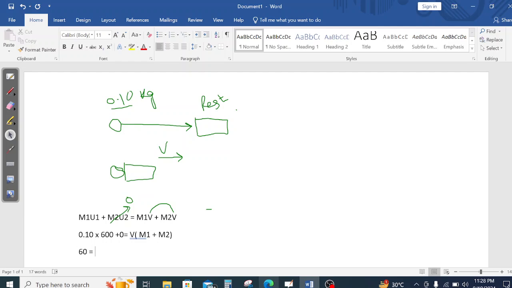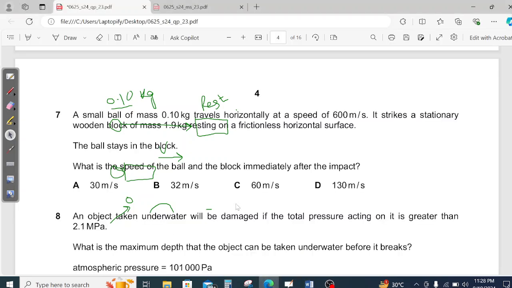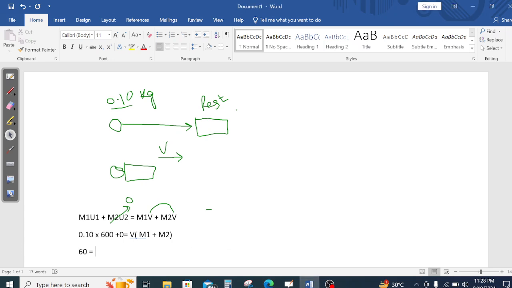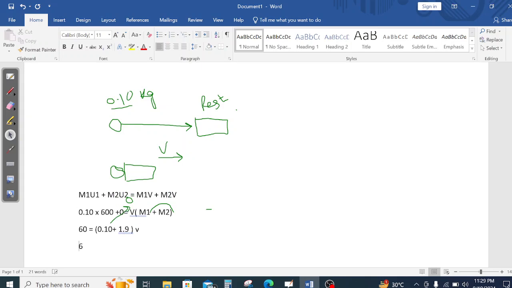The mass of your stationary block is given as 1.9 kg, so add 0.10 plus 1.9 and you get 2, so 2v. 60 divided by 2, you get 30.